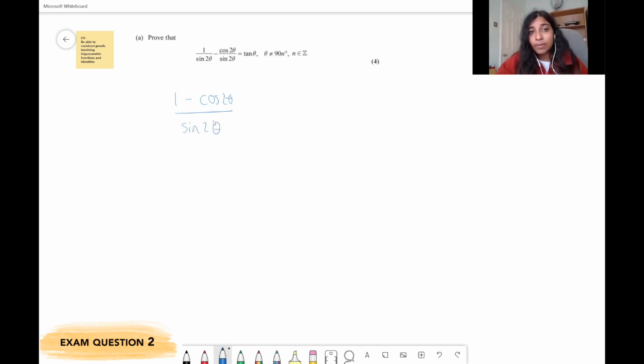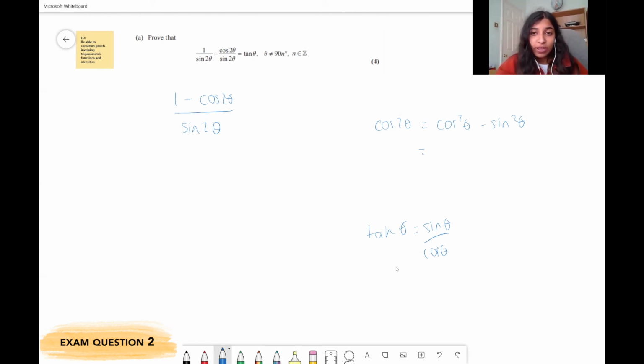And now we want to remember our double angle formulae. So if you remember that cos 2 theta is just equal to cos squared theta minus sine squared theta. And because we know that tan theta is just sine theta over cos theta, it'll be helpful if we have the whole of the numerator in terms of sine theta, as that's what tan theta is.